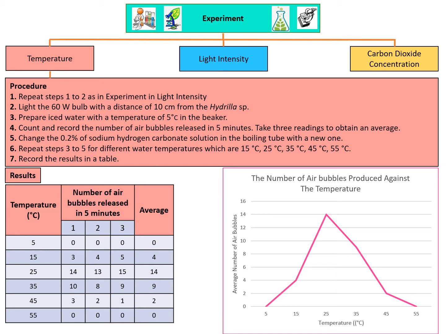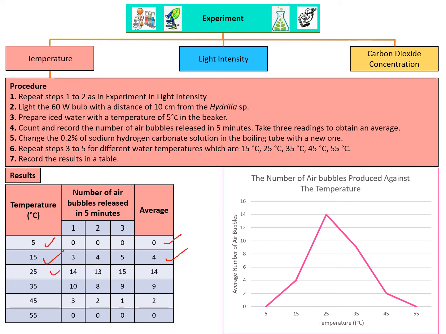Here is the result. When the temperature is 5 degrees Celsius, the average number of bubbles released in 5 minutes is 0. When the temperature is 15, the number of bubbles released is 4.